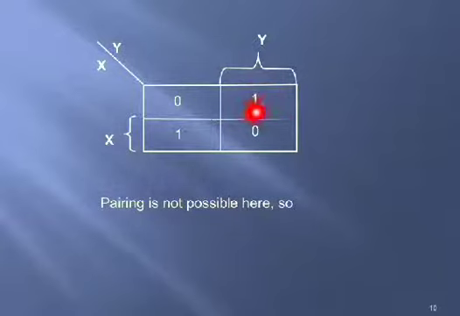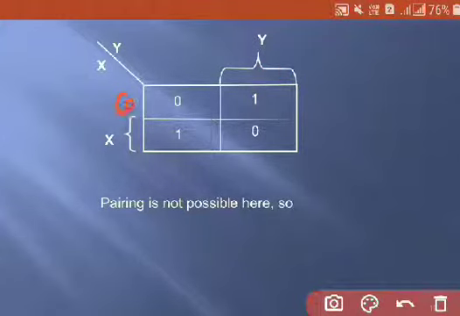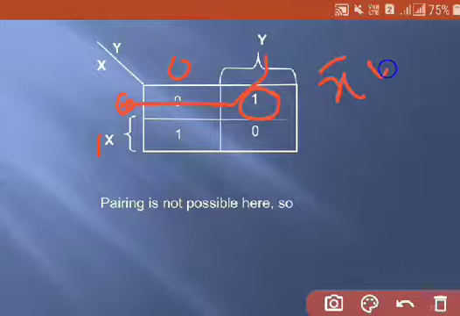So what is the minterm corresponding to this cell? It is x bar y, because x here is 0 and y here is 1. So one term will be x bar y, plus, what is the minterm corresponding to this?